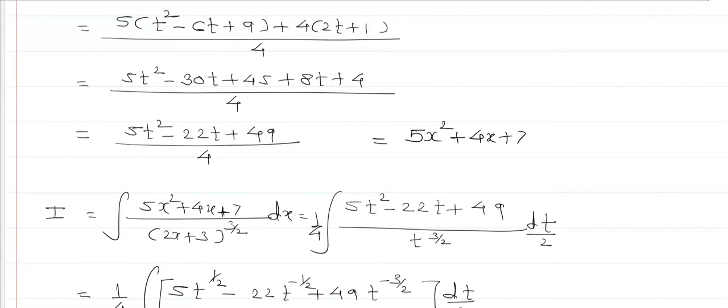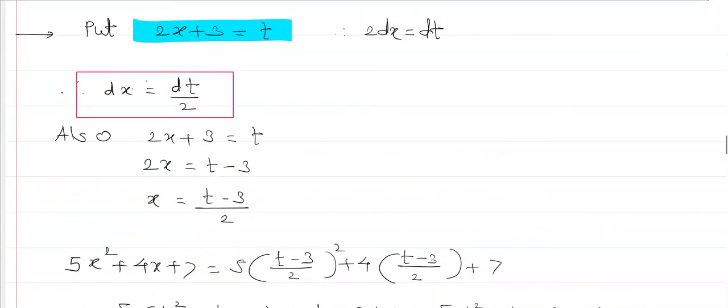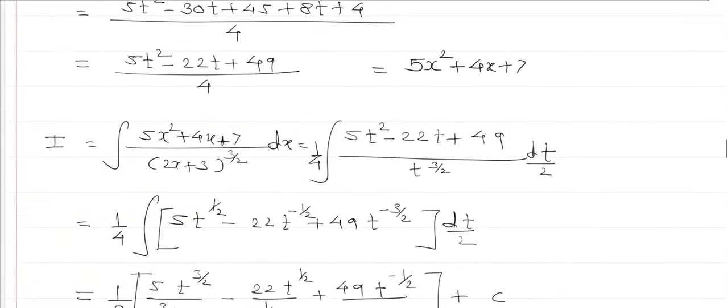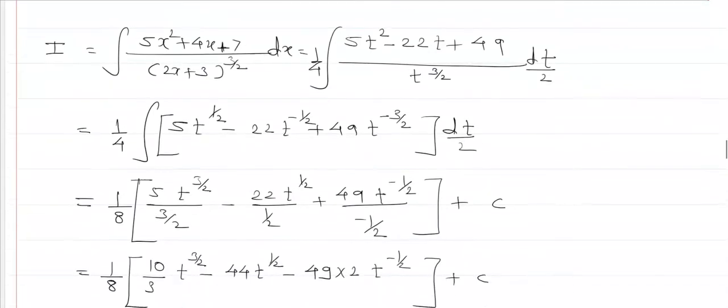This is the value of 5x square plus 4x plus 7, and therefore it is 1 by 4 times 5t square minus 22t plus 49, upon t raised to 3 by 2, and the value of dx is dt upon 2. Here is dt upon 2. Now simplify. Here is a 2 and 4. 2 into 4 is 1 by 8.